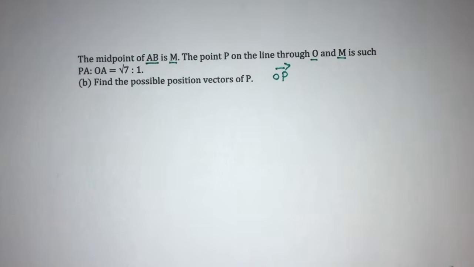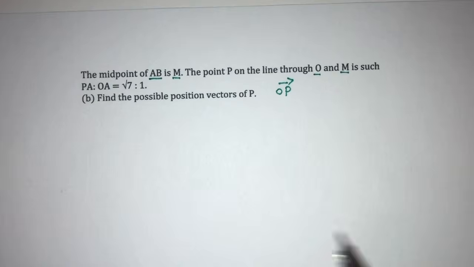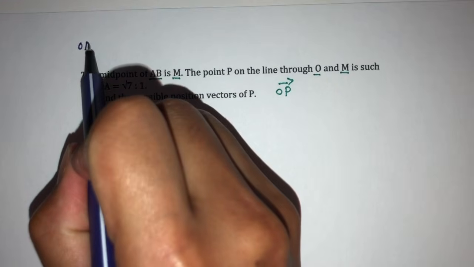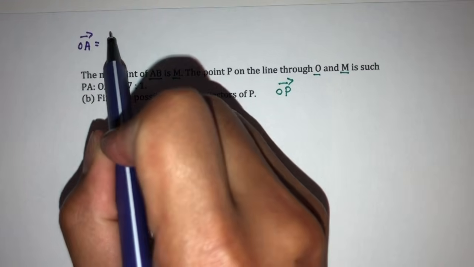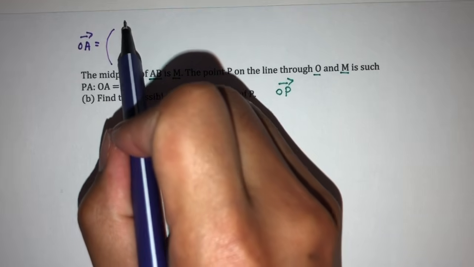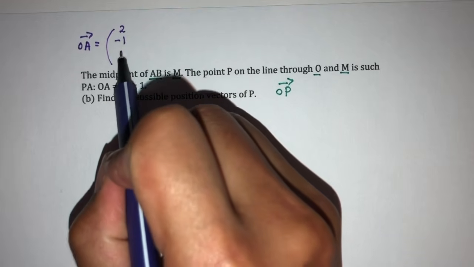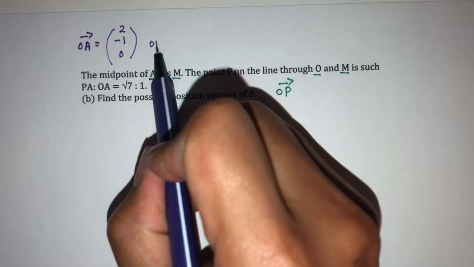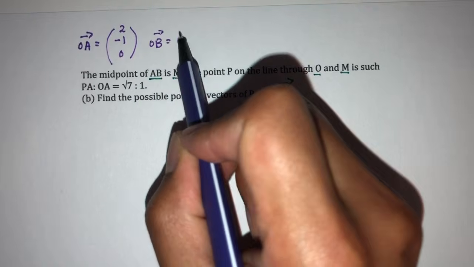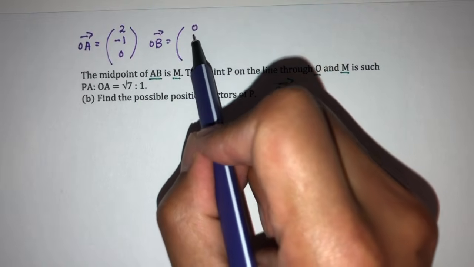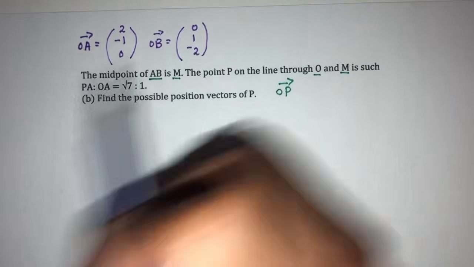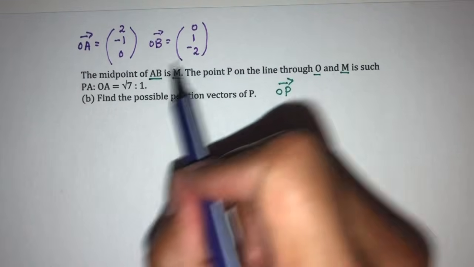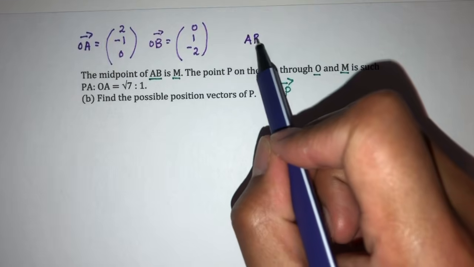Now let's write down the information that we have from part 1. We know OA has been given to you by (2, minus 1, 0), and OB was given to you by (0, 1, minus 2), those two. Now we have to find AB, right? So what is AB?